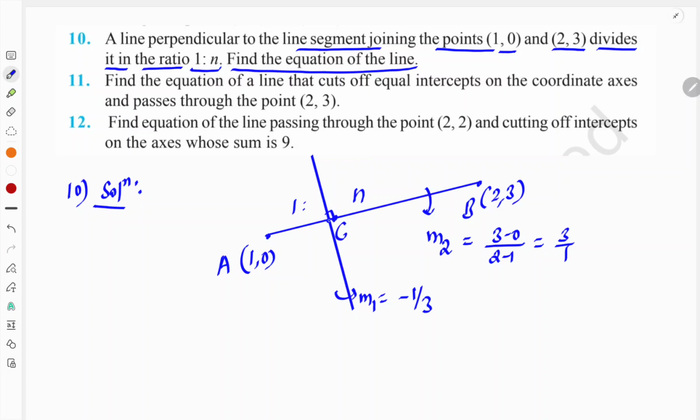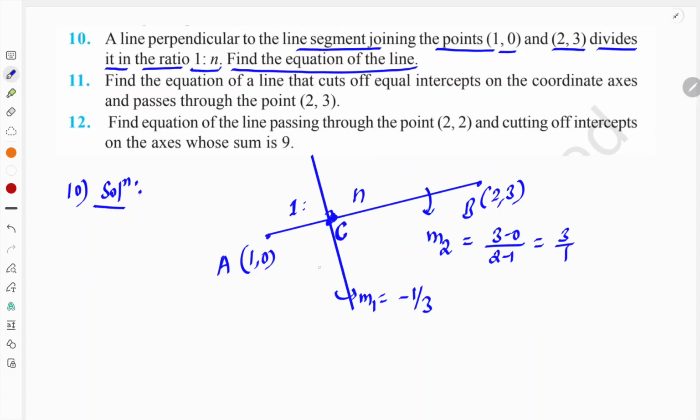After that, we need to find this point C. If C is known, then with a point and a slope we can find the equation of the line. Very easy, dear student. Because the ratio 1:n and the coordinates are given, we can write the point C.